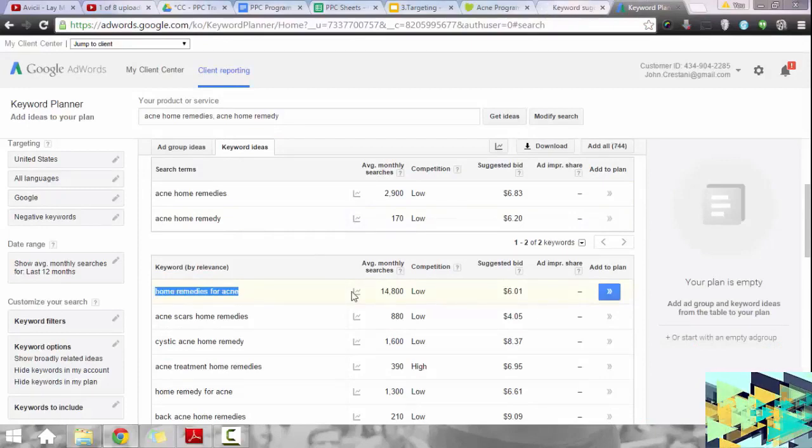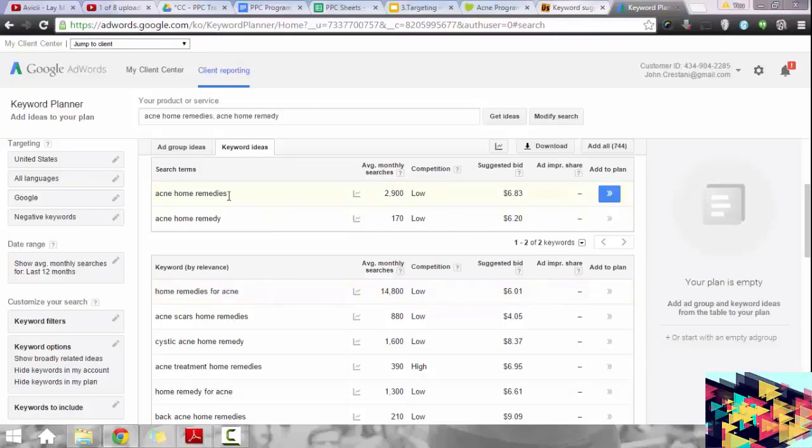So this is where it gets tricky. This actually may be too broad, because what we're seeing is home remedies for acne, which is basically the same thing as this, is getting a ton of searches.